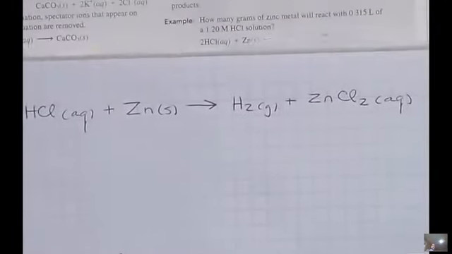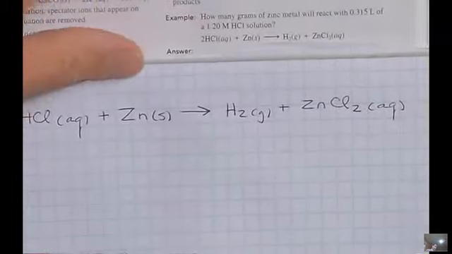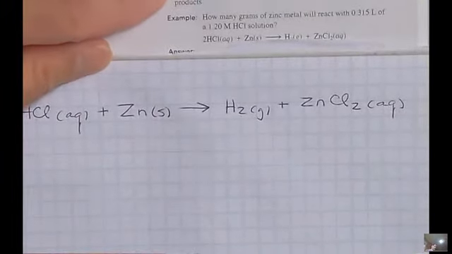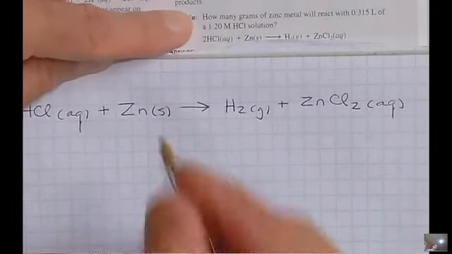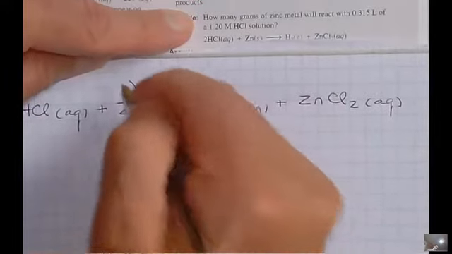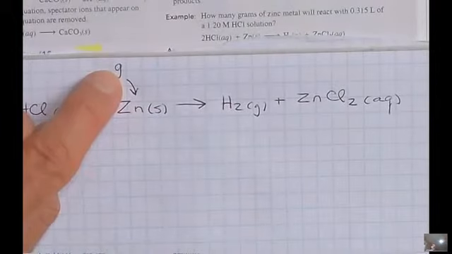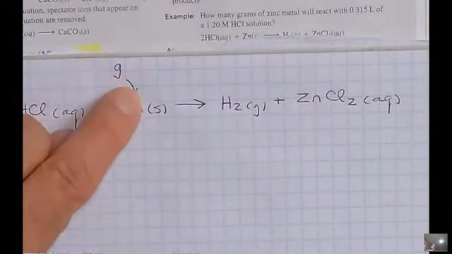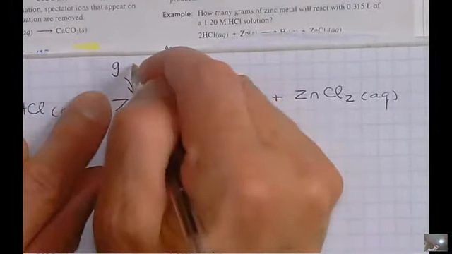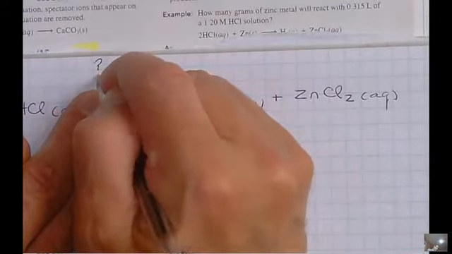I know this is a little too small for you to see, so I'll read the problem to you. The question is, how many grams of zinc? So how many grams of this? When somebody says how many grams of a reactant, you put it on the top because it's going in. I don't know it, so I'm going to put a question mark. I want to find that out.